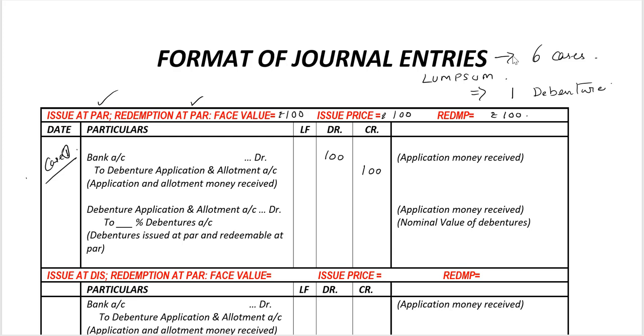The next journal entry, we will debit debenture application and allotment money with the application money which is received, 100, and we will credit percentage debentures account with the face value or the nominal value of the debenture. In this case, the nominal value is rupees 100. So we've seen the journal entries to be passed when the issue is at par and the redemption is also at par. Let's move on to the second case.